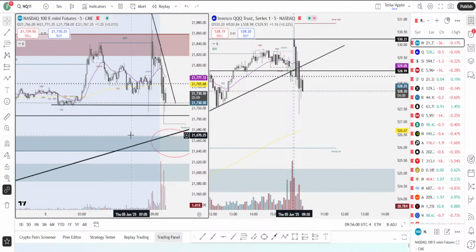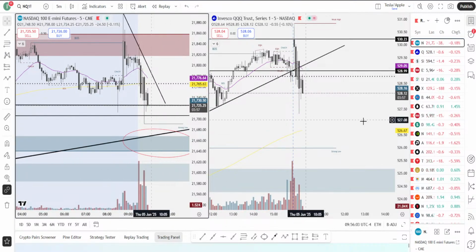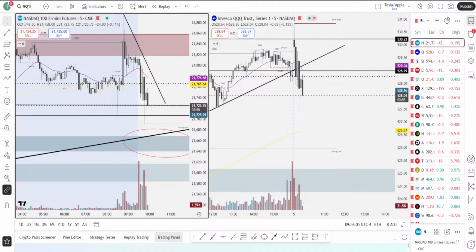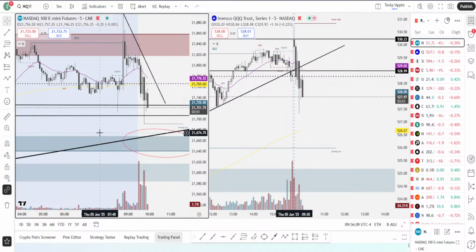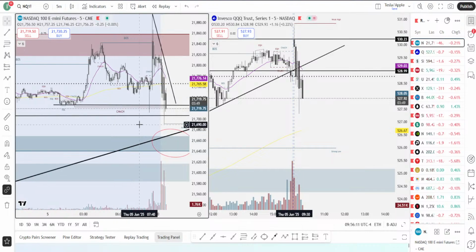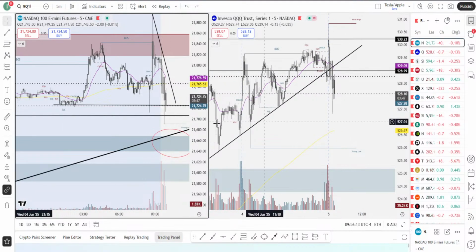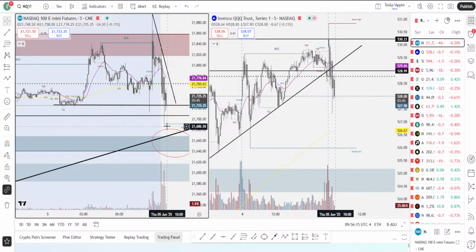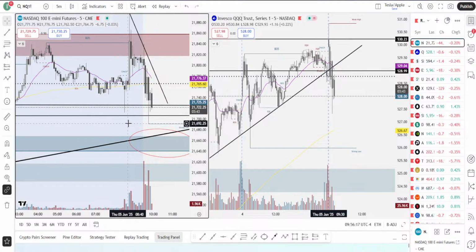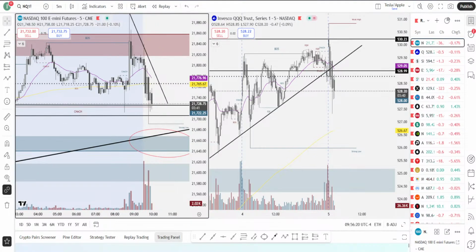Should be continuing lower here. Market looks bearish. Everything's looking good. We should not be just turning around all of a sudden. So if you're on puts, then I think you're on the winning side here.